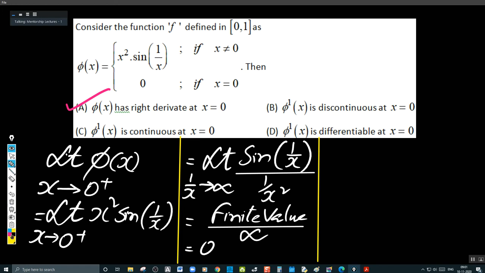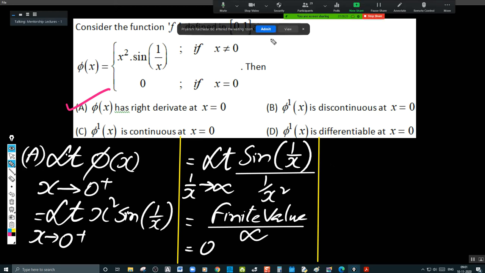So try to solve differentiability by finding the derivative directly. You can do that, or otherwise go for the definition.